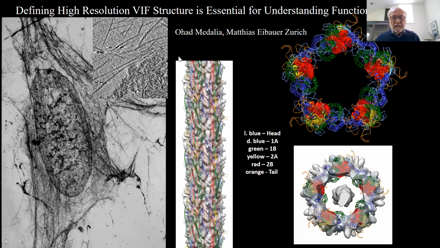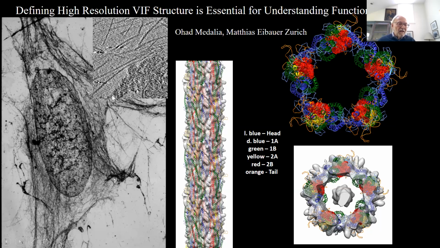And then I could just mention that defining the high resolution structure of Vimentin now is more essential than ever for understanding their function. I'm not going to go into details on this, but one of the nice things that's happened over the past few years in our collaborations with Ohad Medalia and now Matthias Eibauer, who's in his lab, is that we've been able to take advantage of an old technique that we developed a long time ago on making intermediate filament enriched cytoskeletons.